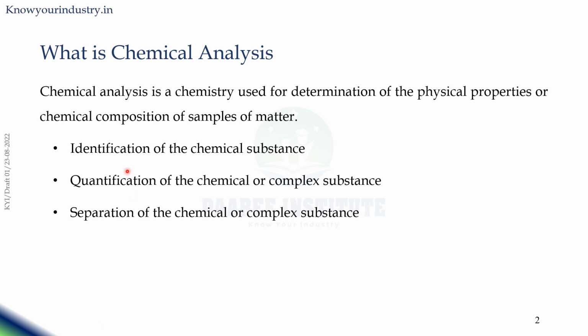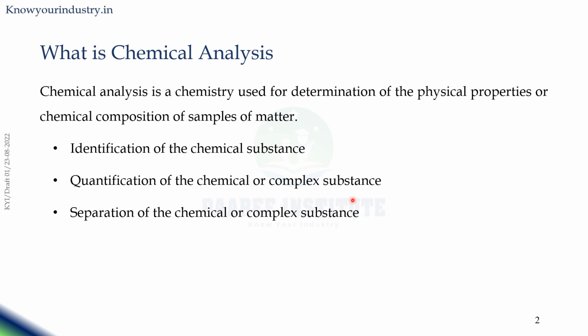What is chemical analysis? Chemical analysis is a chemistry used for determination of the physical properties or determination of the chemical composition of a sample of matter. So we are going to determine either the physical property or the chemical composition. Either it is qualitative, that means identification of a chemical substance, like what we did in your college days, like salt identification, or quantification of chemical or complex substances.